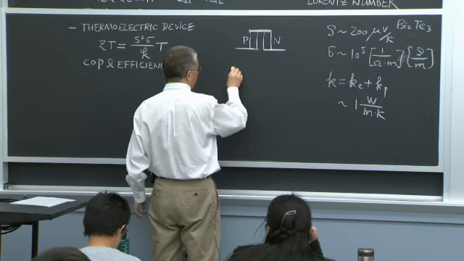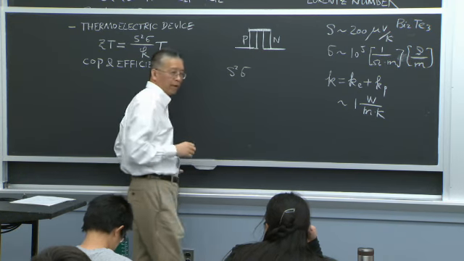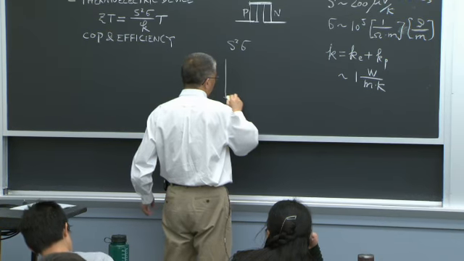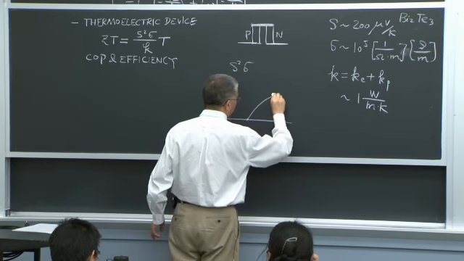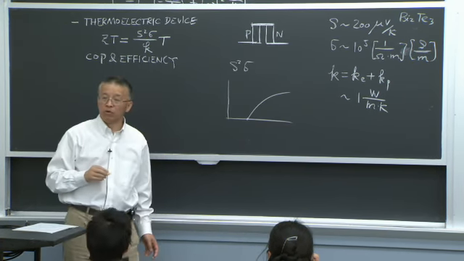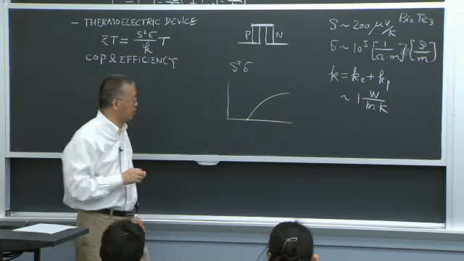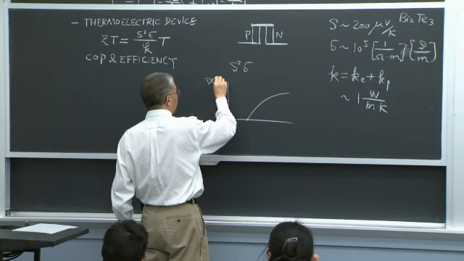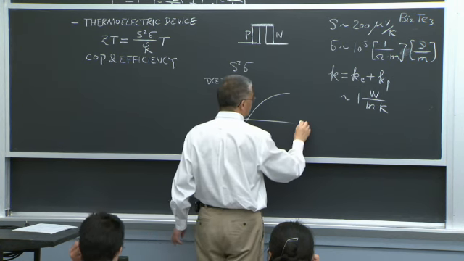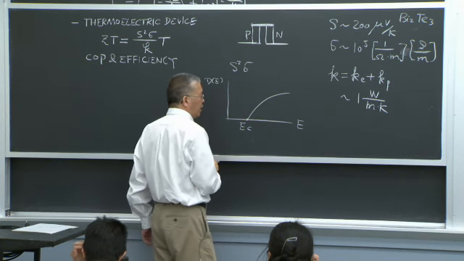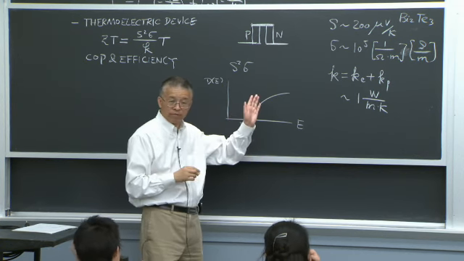Okay, so the idea of a quantum well, right? We want the S squared sigma to be better, right? If we look at the density of states of bulk material, right? That's a square root E relation, right? It's parabolic density of states, right? And this is energy. And remember, here is the EC. And it depends on where you put the EF, right?